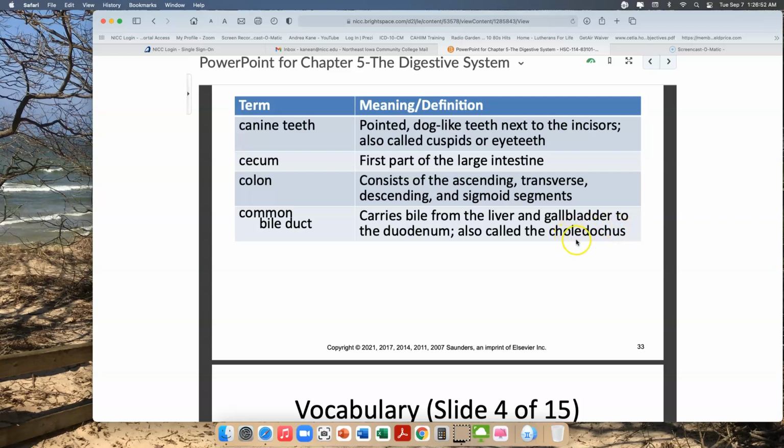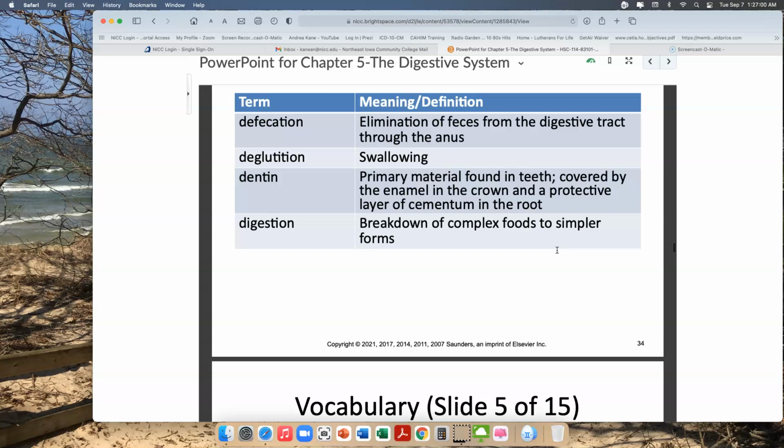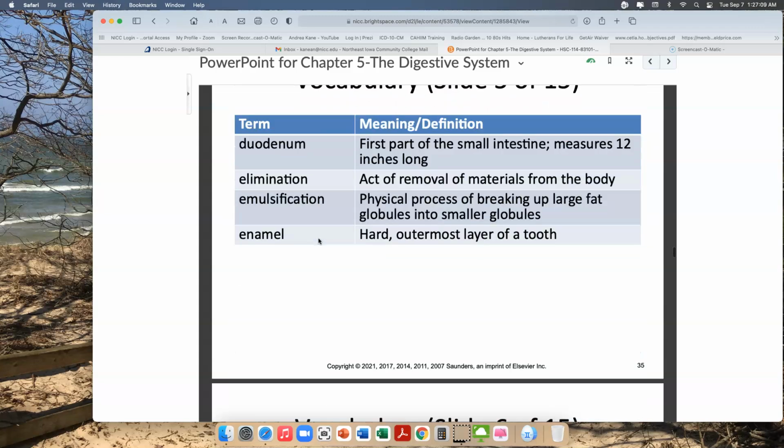And you'll need to know that the common bile duct is choledochus because when we start getting into terms, you can imagine what the root word is there, right? Defecation, deglutition, that was the answer to the one above about swallowing. Dentin, digestion. Duodenum, elimination. Emulsification, enamel.